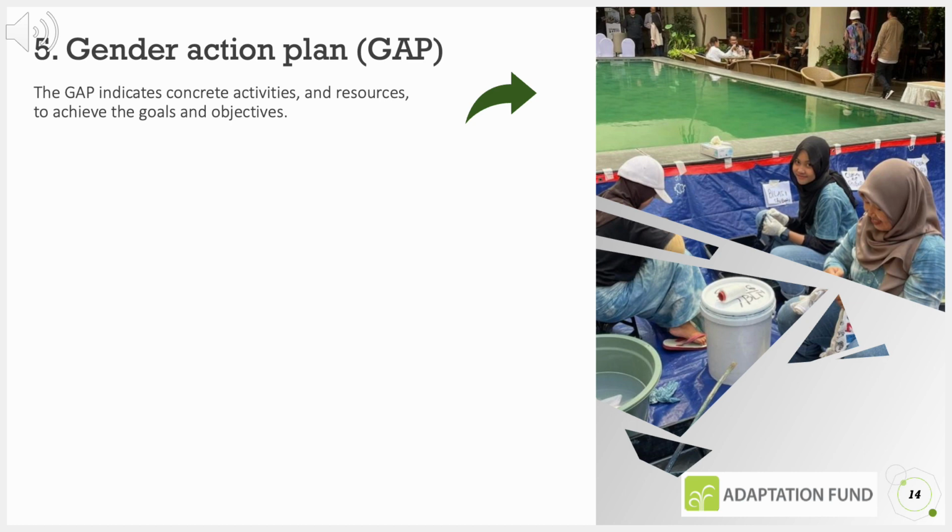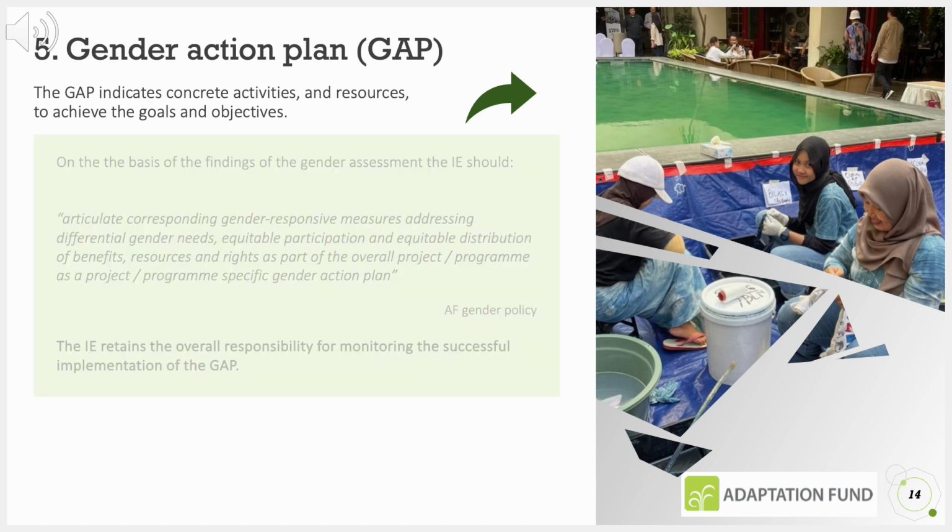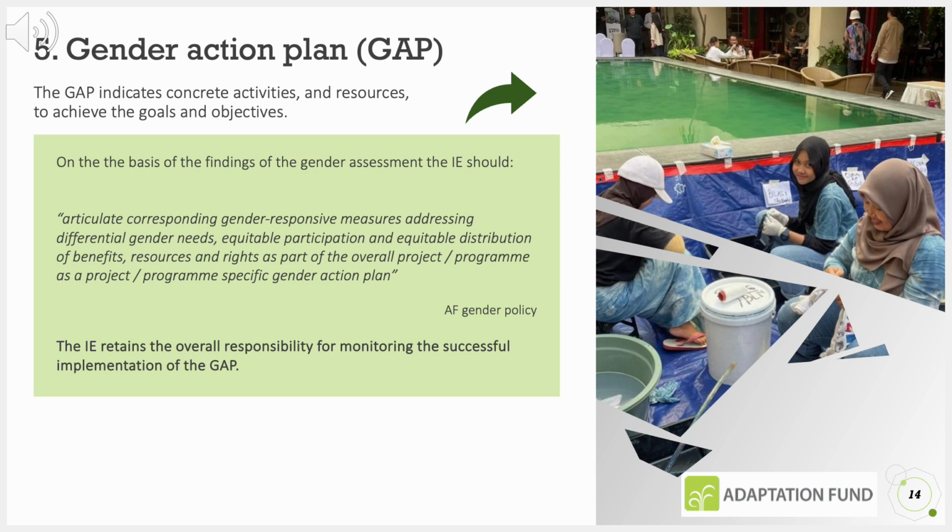Step 5 is a Gender Action Plan to indicate concrete activities and resources to achieve the goals and objectives. The Adaptation Fund Gender Policy states that implementing entities should articulate corresponding gender-responsive measures addressing differential gender needs, equitable participation, and equitable distribution of benefits, resources, and rights as part of the overall project or program in the form of a specific gender action plan.